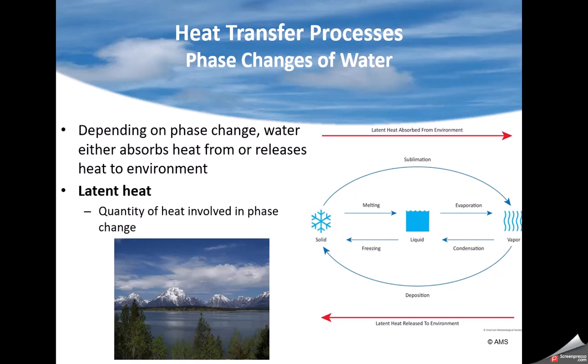If it goes into a liquid, some of that energy has to be released through condensation. So some heat is actually released into the atmosphere when water droplets form. Now, when it freezes, even more heat is released into the atmosphere.